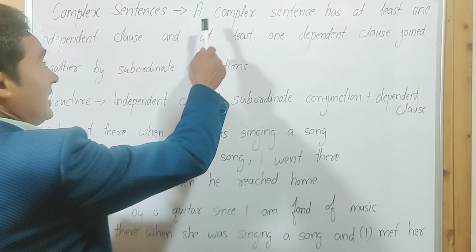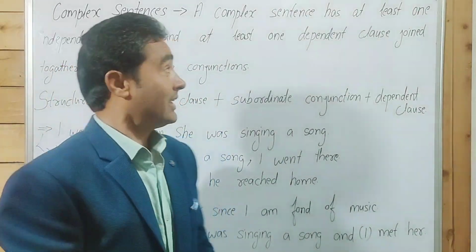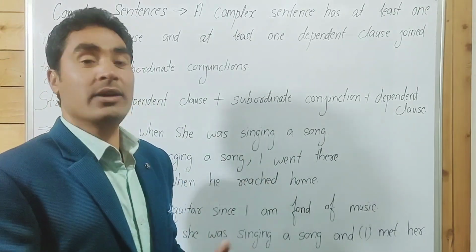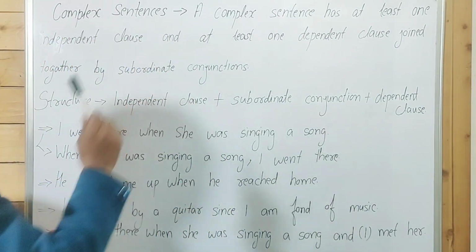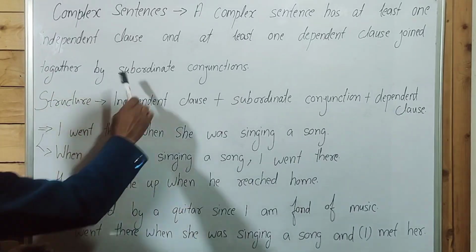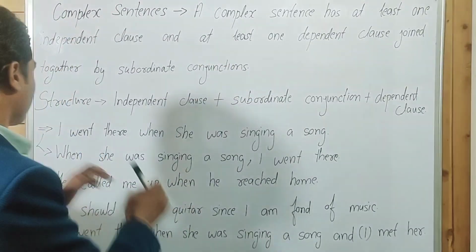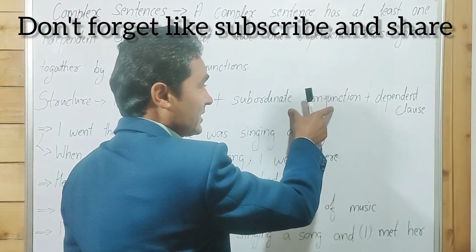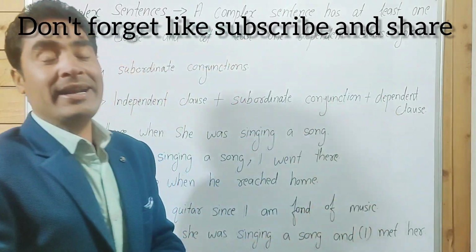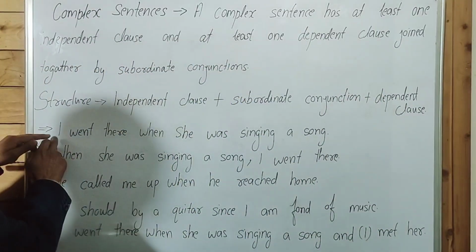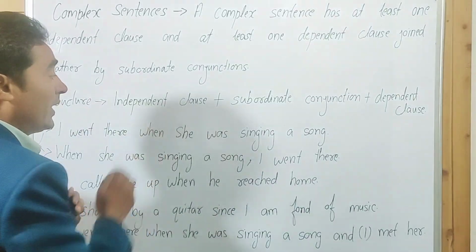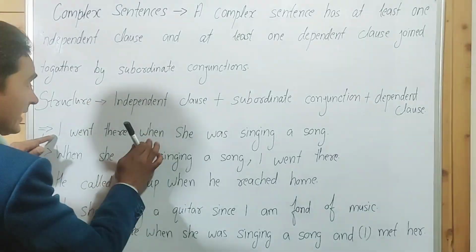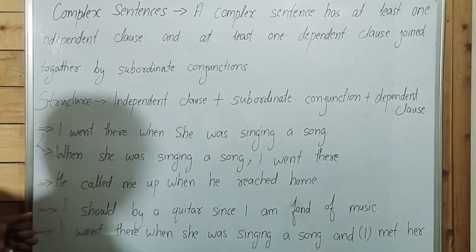Complex sentences. A complex sentence has at least one independent clause and at least one dependent clause, joined together by a subordinate conjunction. Structure: independent clause plus subordinate conjunction plus dependent clause. For example, I went there when she was singing a song. Here, I went there is an independent clause.